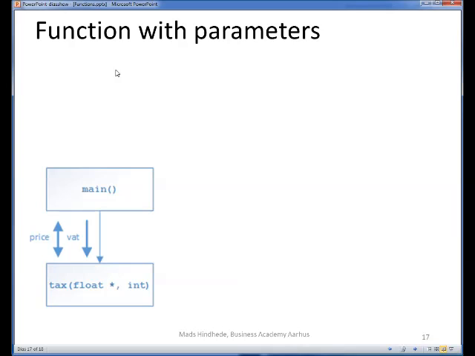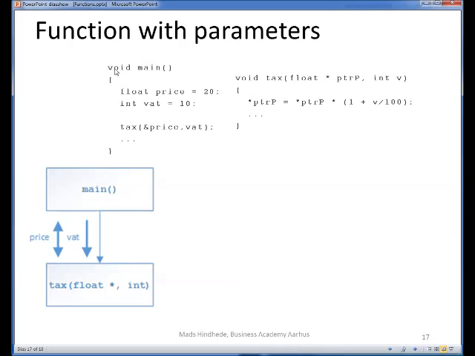It's possible to combine the different parameter types. In this example we have a reference parameter price and a value parameter VAT. Let's see some code. I have a main and a function called tax, and in tax I have two parameters.